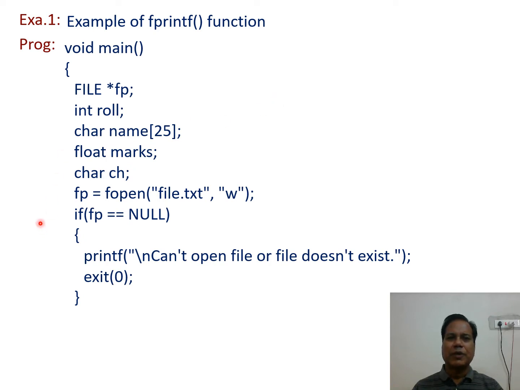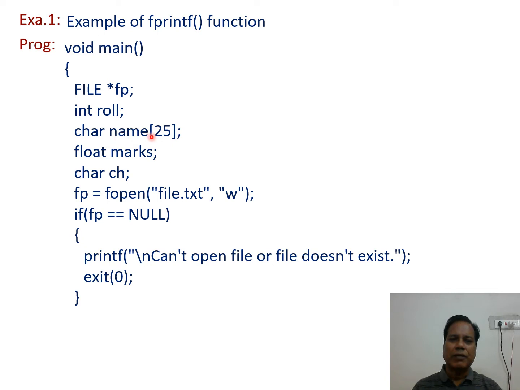Now in this example program, the first statement of the main function is FILE *fp; It declares a file pointer fp, and the next statement declares an integer variable roll. char name[25]; It declares a character array.